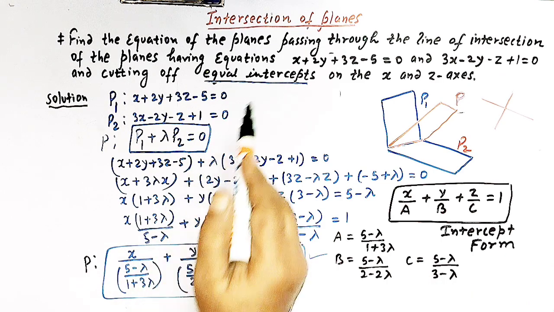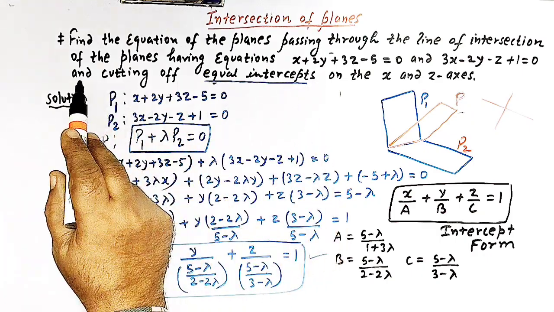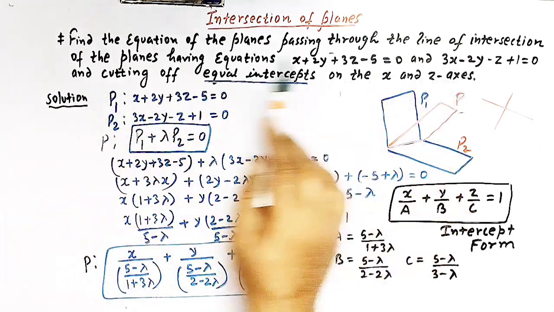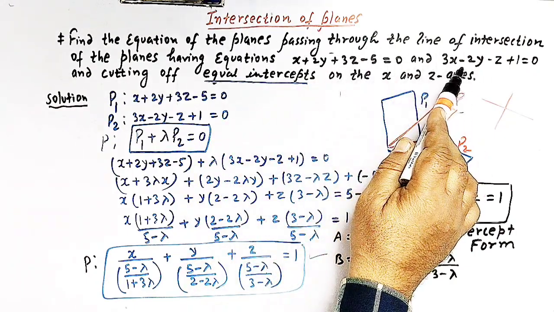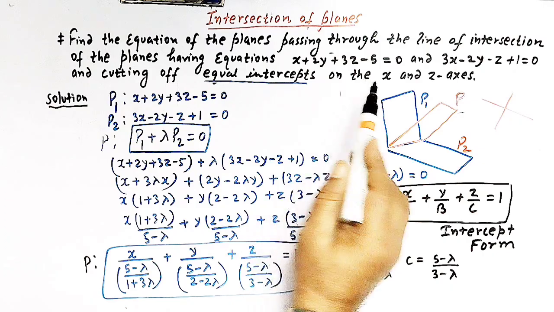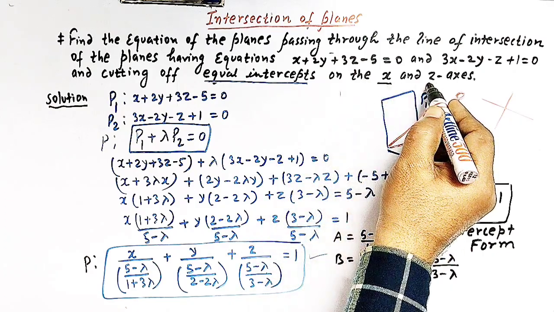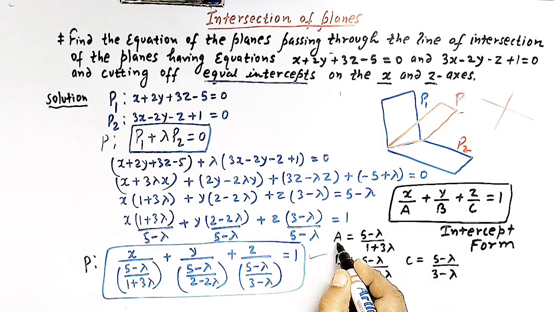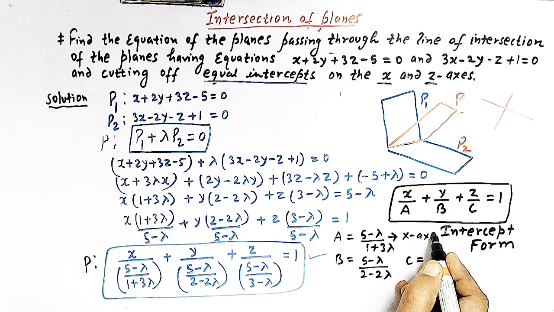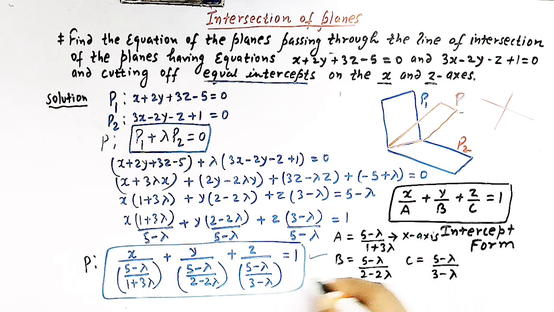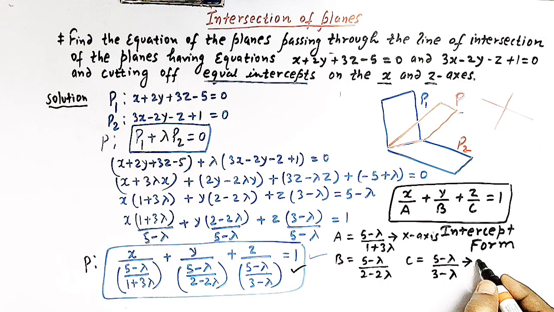Now in the given problem, we are given the equation of the plane passing through the line of intersection of these two planes and cutting off equal intercepts on the x-axis and z-axis, right? So a is the length of the intercept cut by this plane P on the x-axis, and the length of the intercept cut by this plane P on the z-axis is given by c.